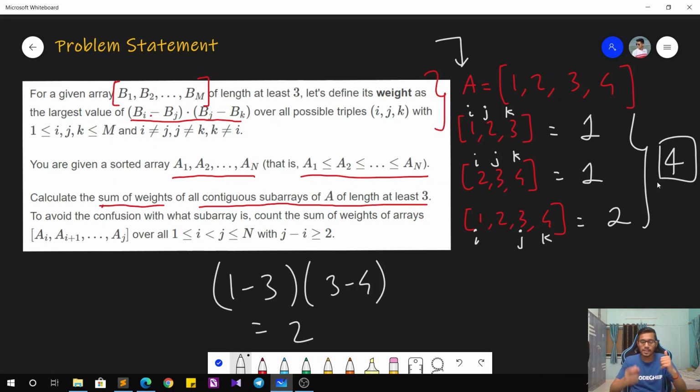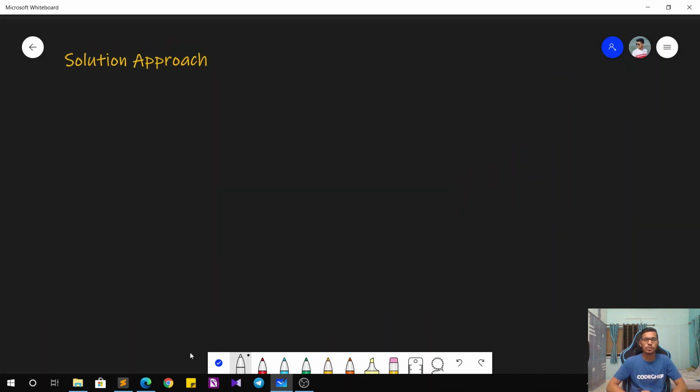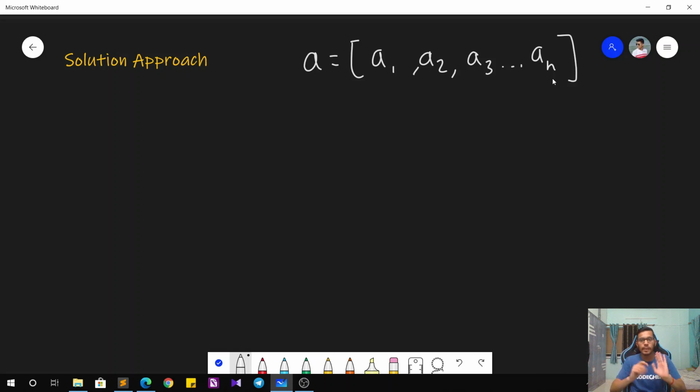Now let's understand how to approach the solution. So the solution approach goes as follows. First of all, let's fix an array, small a, which contains the elements a1, a2, a3 up to an. We will first solve the problem for this given array, considering this array as our subarray.